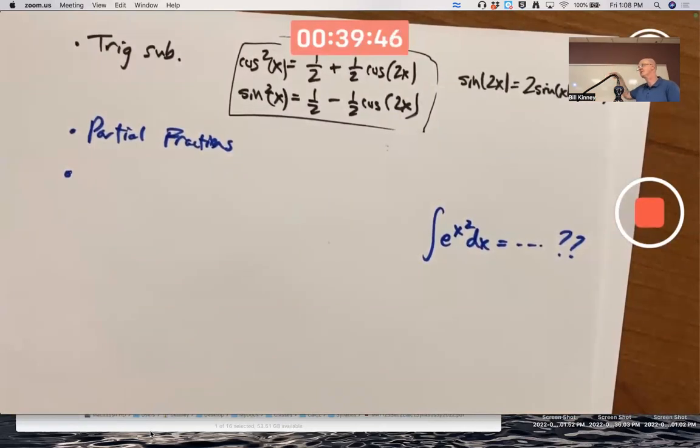Polynomials, rational functions, square roots, cube roots, exponential functions, trig functions, inverse trig functions, logarithms, and finite combinations of all those things are called elementary functions. They're the functions you're used to. But there are plenty of other functions you're not used to. Erf, error function, gamma.